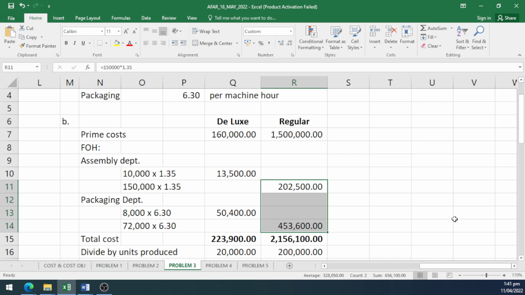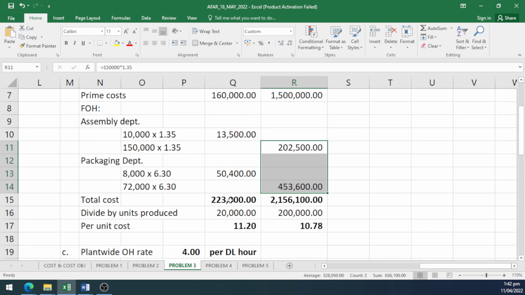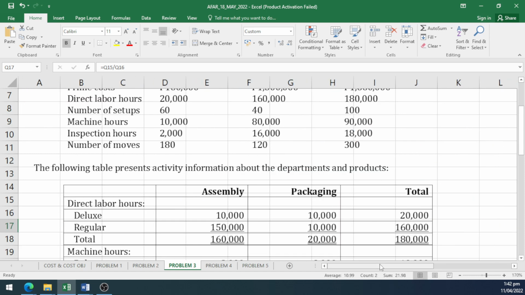Yan pong factory overhead, i-add natin sa prime cost. Ang total manufacturing cost po ay ito. Then divided by the units produced, here is the per unit cost of the products. 11.20 and then 10.78. Yan po ang departmentalized system.